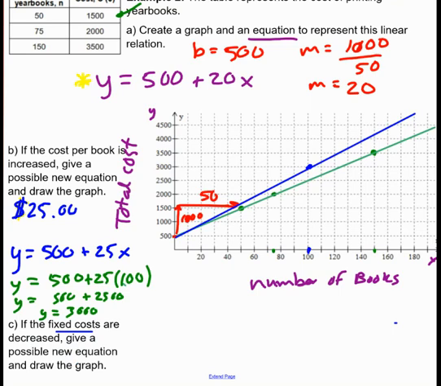Okay, so let's say we had a b of 0, and our rate back to the beginning was still 20. So we could have y equals 20x plus 0.